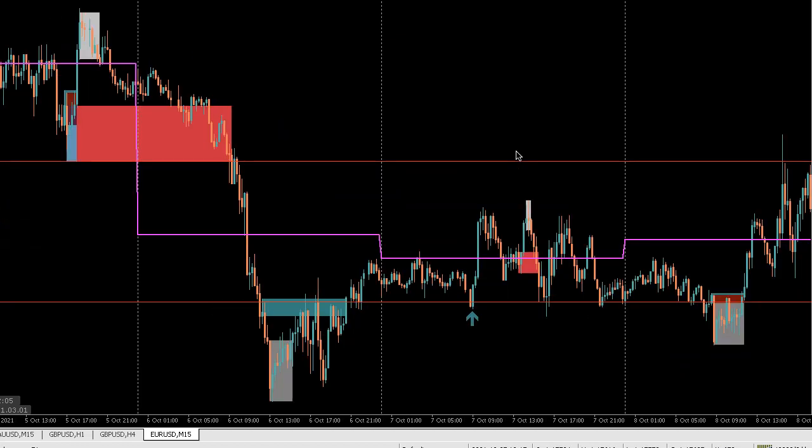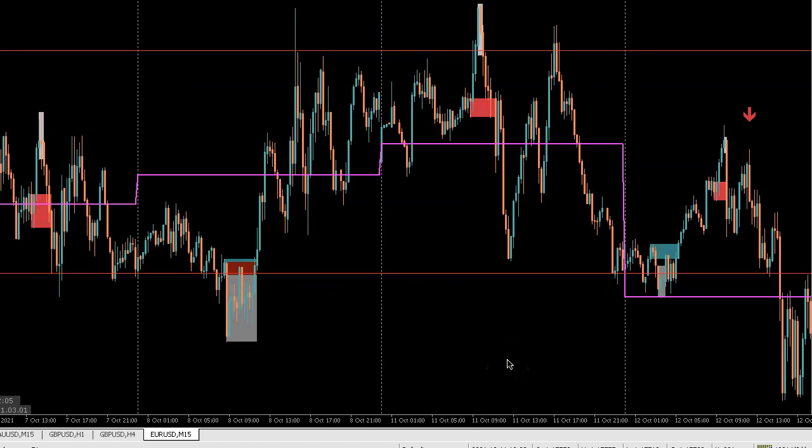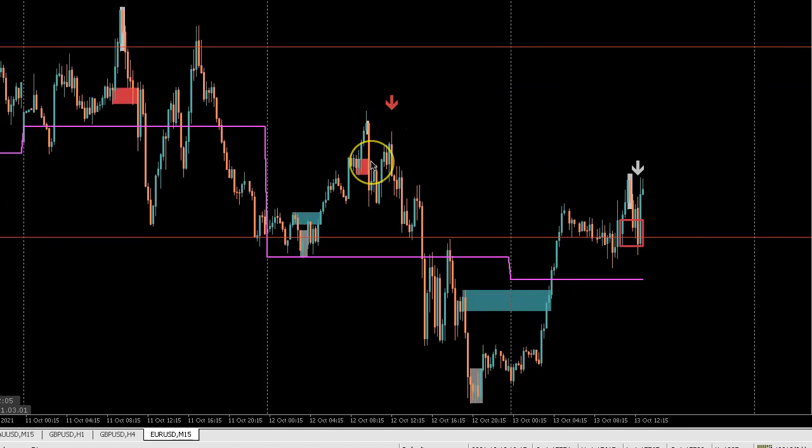For one example, this is not a retest, right here. This is M15, and right here we got a block. We got a mid, this is the prior day mid-level. We got the block right here, or whichever block retest. So I used the trend block retest.